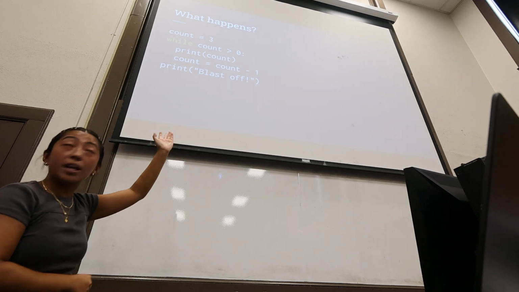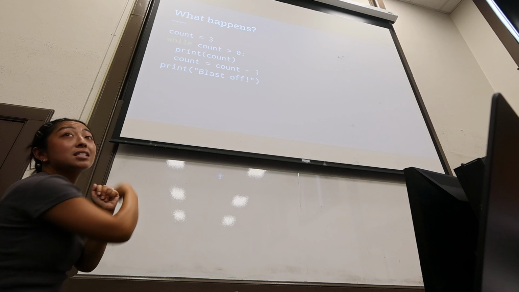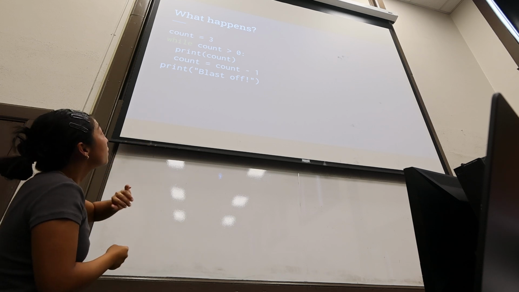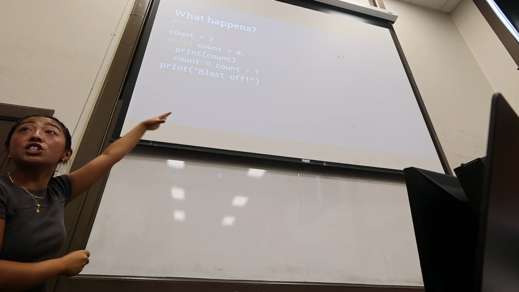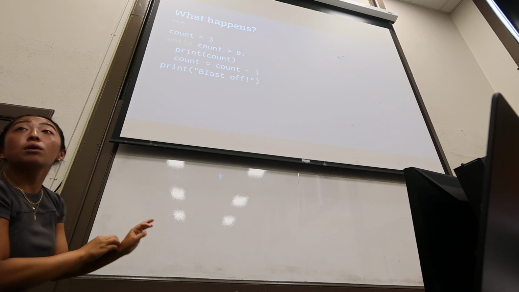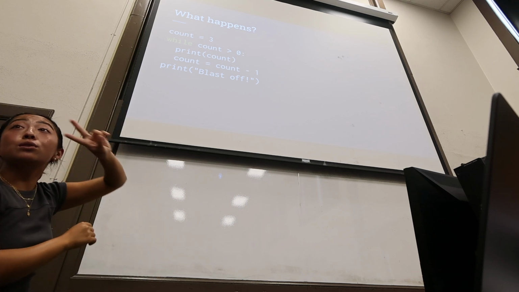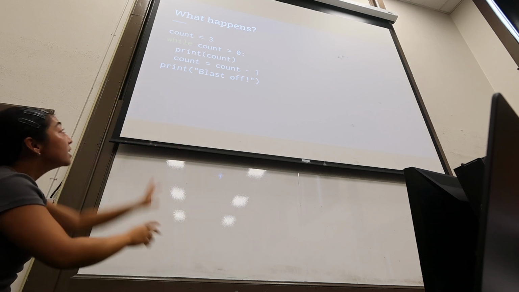So I think I'll print 3, right? And then it looks like I'm updating count to be 1 less than what it was. So now my count is 2. And then I go back to the top and see if that condition is still true. If count is greater than 0, my count is now 2, so 2 is greater than 0. I go into the while loop again, right?